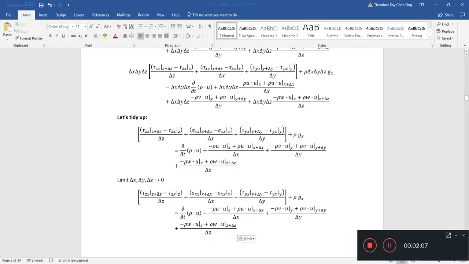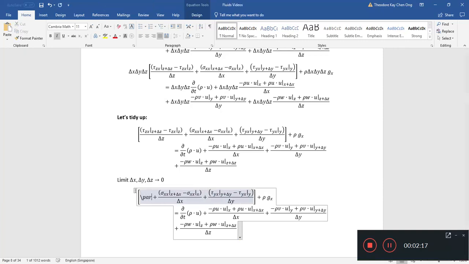Alright, so what does this value become? This one just becomes the partial with respect to z, tau zx. This one becomes a partial with respect to x, sigma xx.